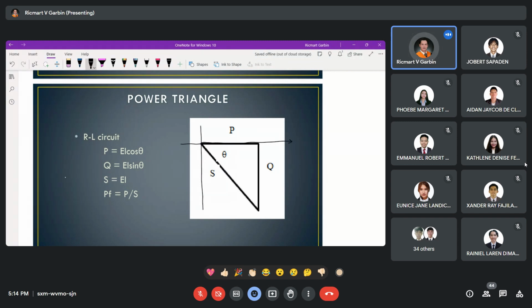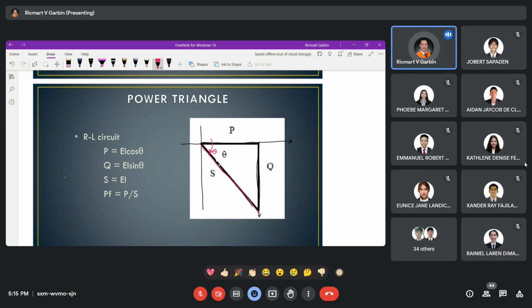Tapos, ang L natin, ang Q niya is pababa. Ito yung Q. Tapos, ang S natin ay ito. Tapos, ang angle natin is ito. Di ba pag ganitong ikot niya, kaya siya ay lagging. Tama.